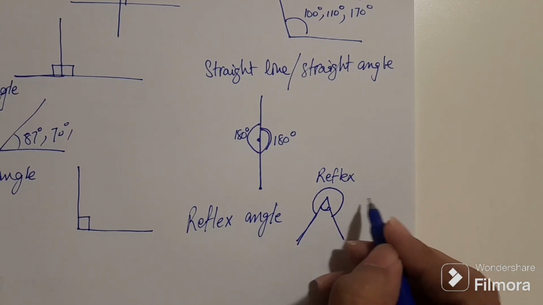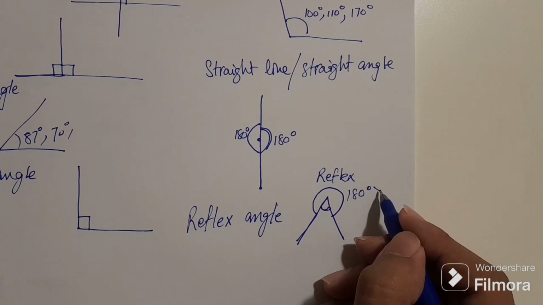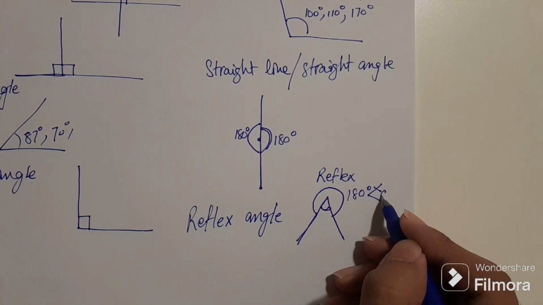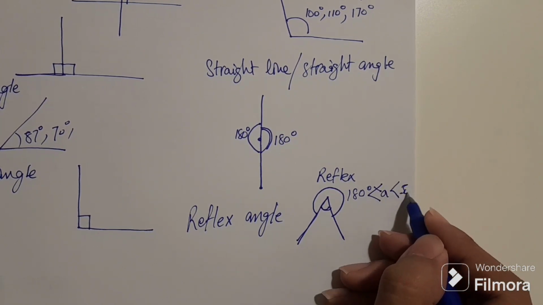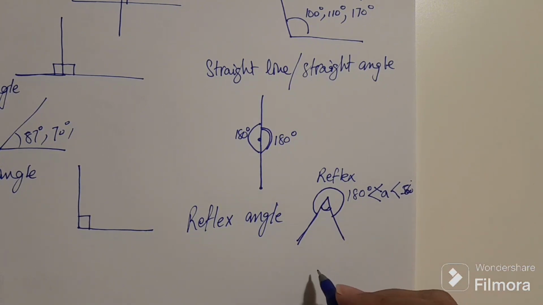A reflex angle is greater than 180 degrees and less than 360 degrees. So this is a reflex angle.